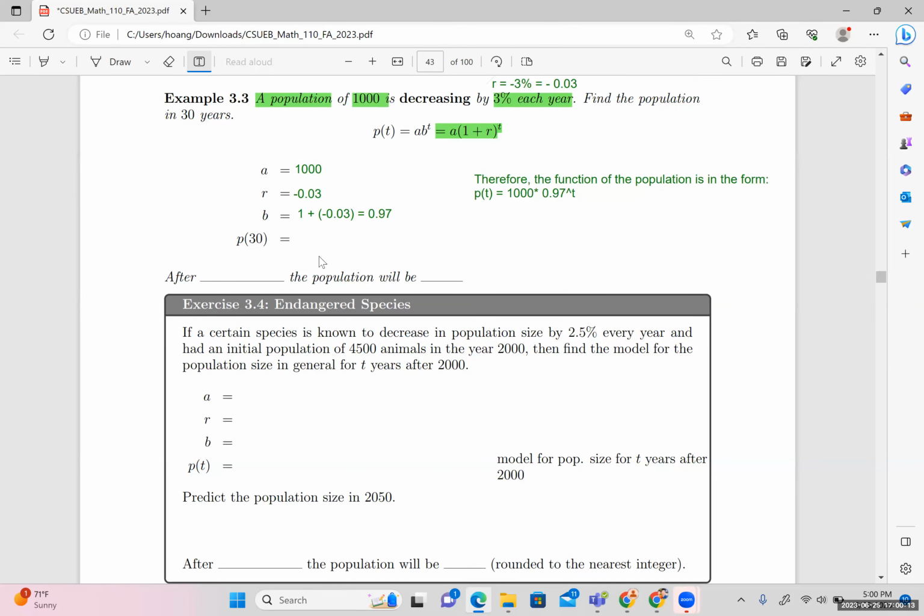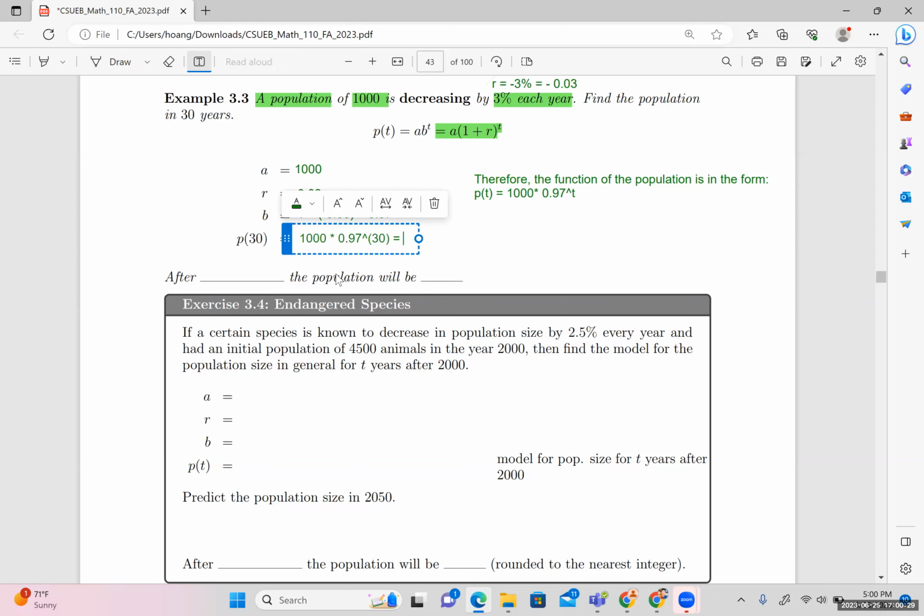So I will have P of 30 is 1,000 times 0.97 raised to the power 30.